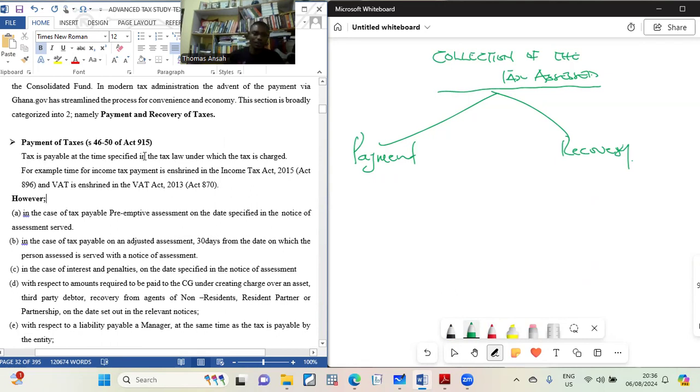We saw it. Some of them are 15th of the ensuing month. Some of them are at the last working day. Some of them are 21 days and all those things. All right. So that is that. So the time that is stipulated. But however, when we talk about preemptive, do you remember what is the explanation I gave you for preemptive? Yes, preemptive.